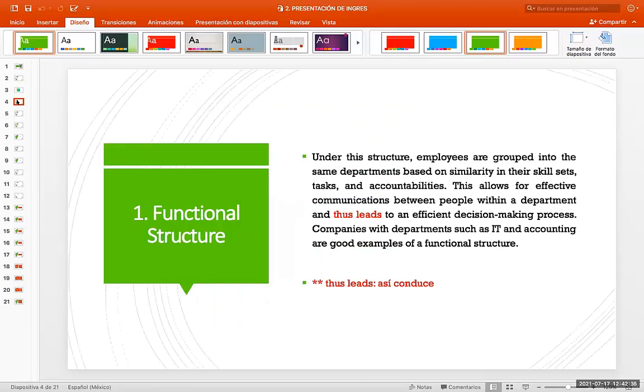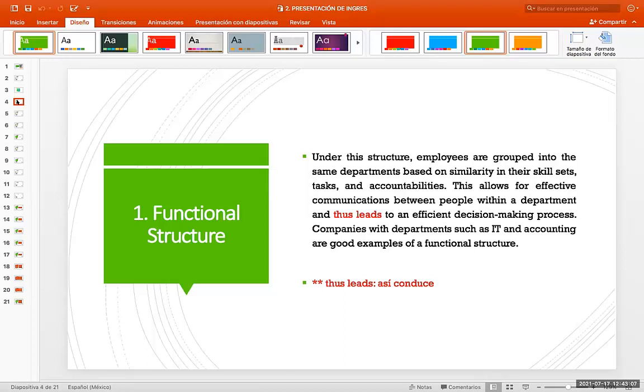The functional structure: under this structure, employees are grouped into the same departments based on similarity in their skill sets, tasks, and accountabilities. This allows for effective communication between people within a department and thus leads to an efficient decision-making process. Companies with departments such as IT and accounting are a good example of a functional structure.